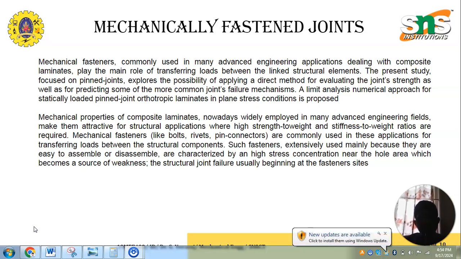required. Generally, mechanical fasteners like bolts, rivets and pin connectors are commonly used in these applications for transferring the loads between the structural components.